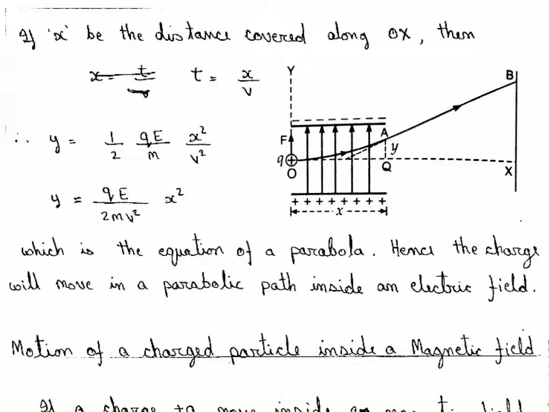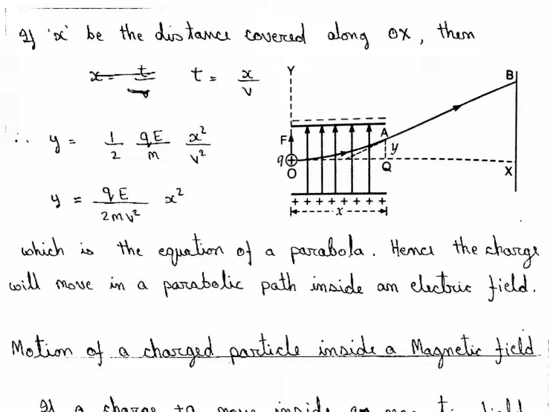From the definition of velocity, the speed v in magnitude is given as distance divided by time. So hence the time t is equal to x divided by v. So putting the value of this t, we have y equal to half qE divided by m, times x squared divided by v squared.